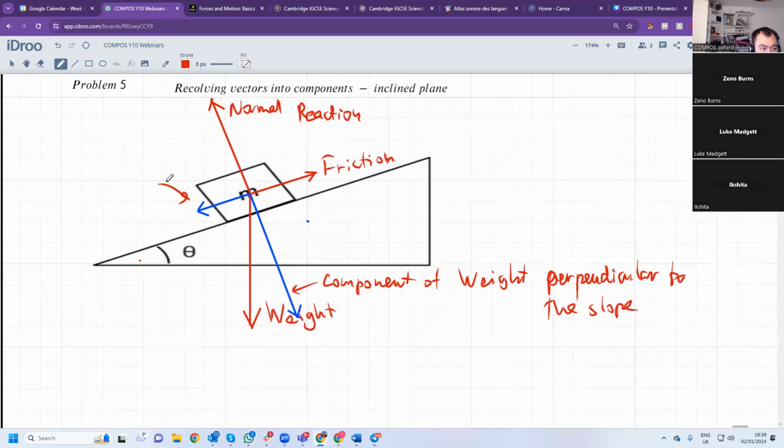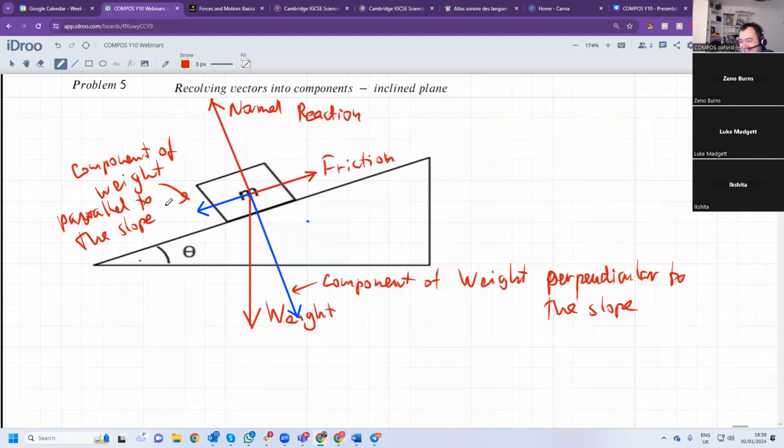And this is the component of weight parallel to the slope.